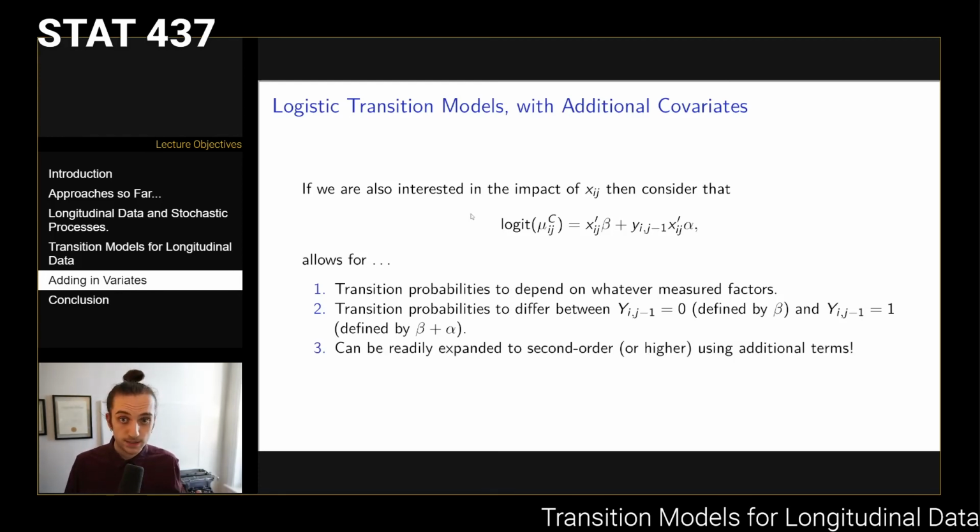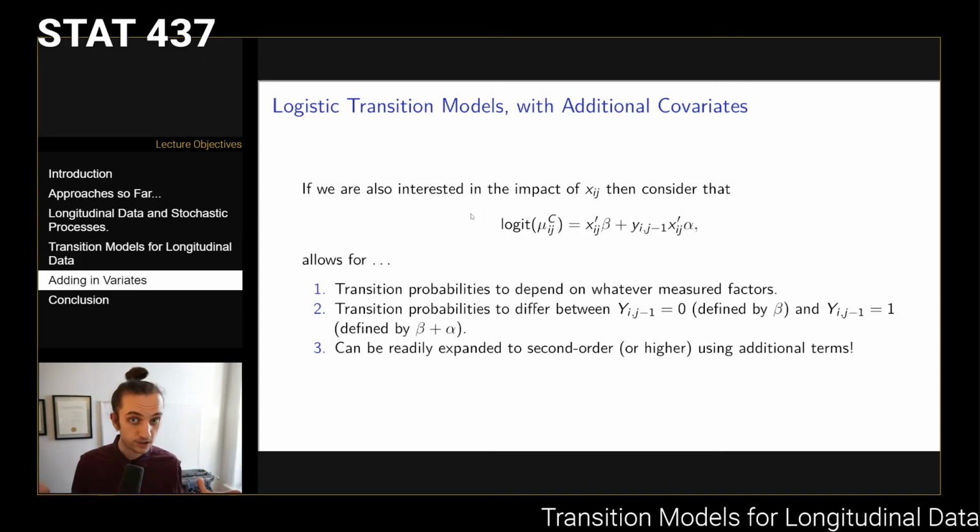We can also expand this, just like we saw in the previous slides, to allow for even higher order terms, right? And so you don't have to make a first order assumption here. You can make a second order or a third order model, and all that's going to be doing is just adding more and more terms. And the other point here that I don't have written down, but that's important to note, is that this is also going to let us test these hypotheses, right?